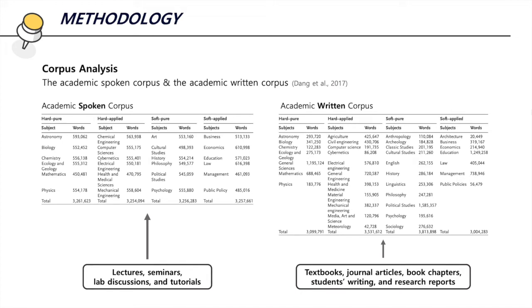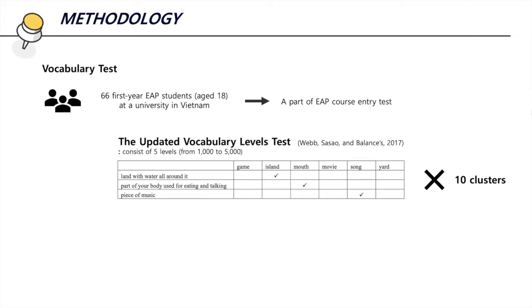In order to answer the third research question, the authors tested the vocabulary knowledge of EAP students at a university in Vietnam. The number of participants was 66, and they were first-year students aged 18 on the one-year EAP program.